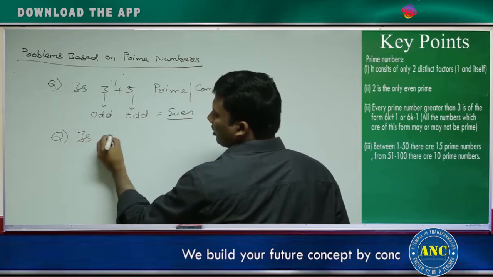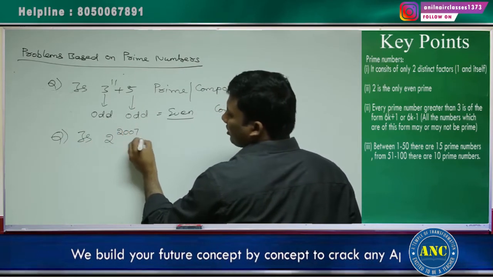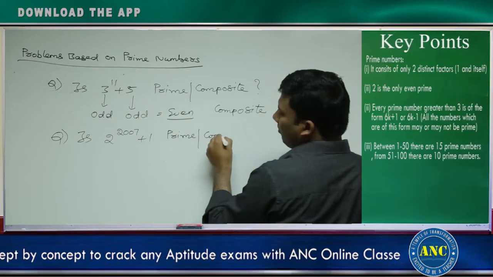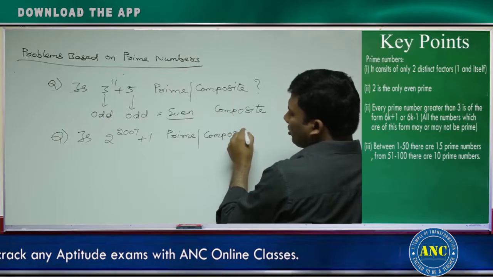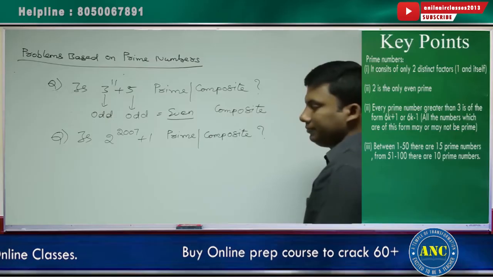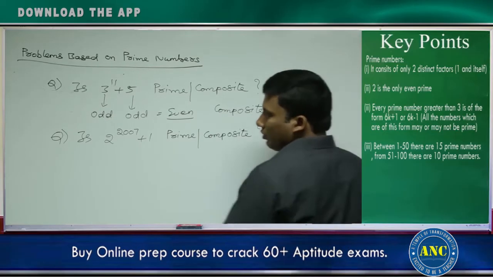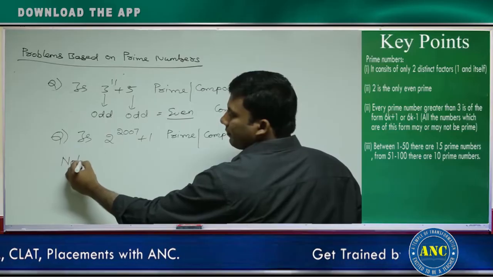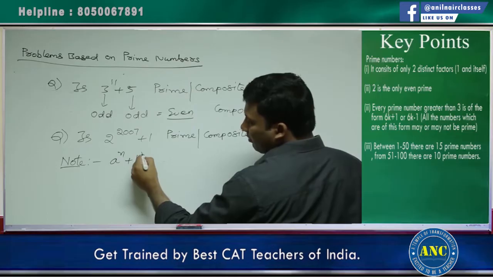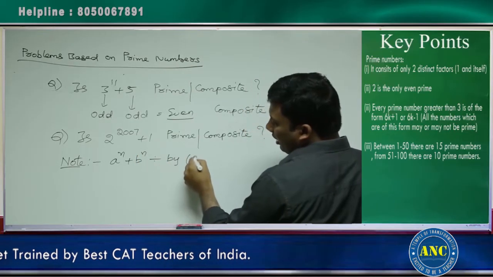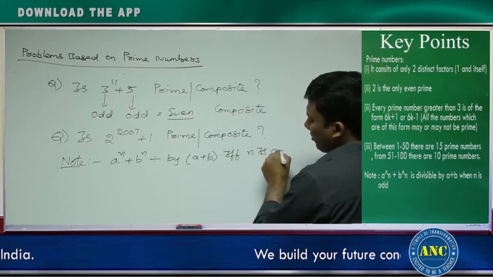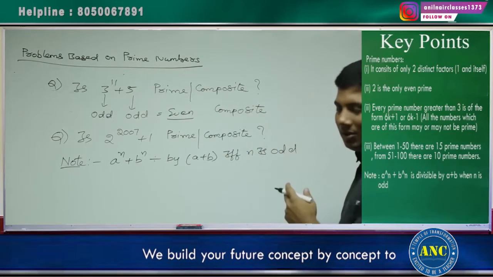Second question is: is 2 power 2007 plus 1 prime or composite? Now see here, first note: a power n plus b power n is divisible by a plus b if n is odd.